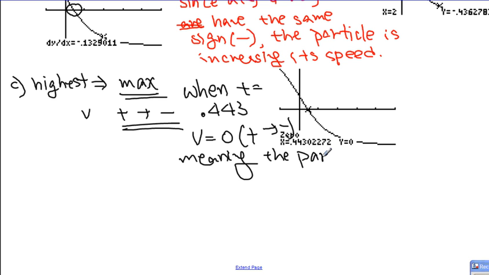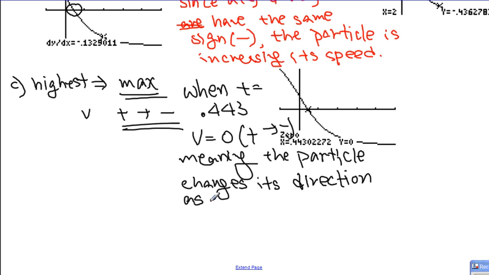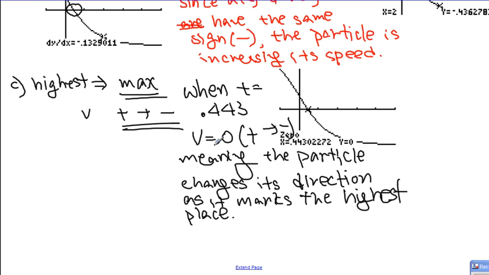The particle changes its direction as it marks the highest place. Now, the key component is velocity goes from positive to negative. And as you can see, it will never come back up, and there's no other maximum point anyway, so that's gotta be the answer.